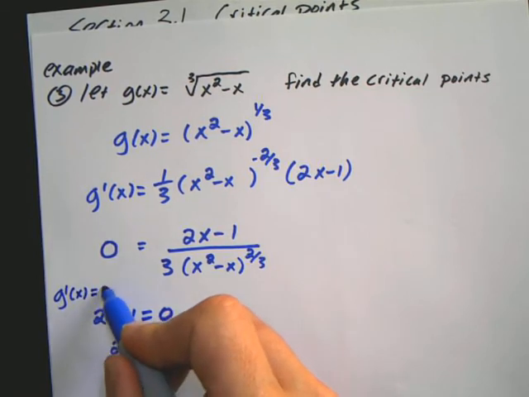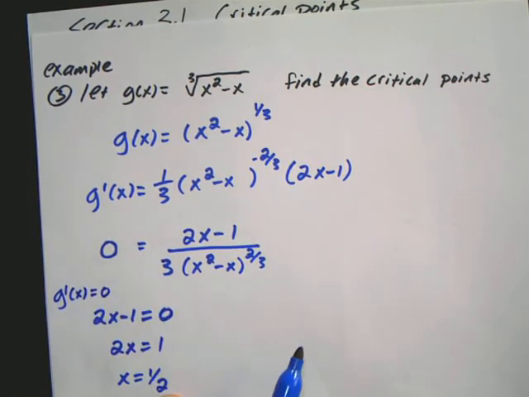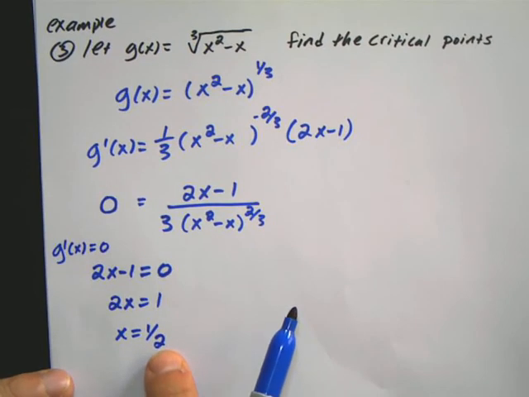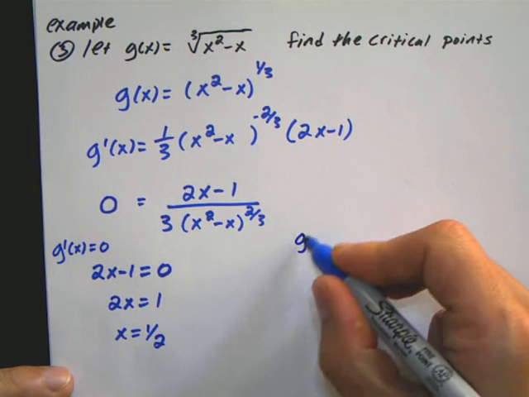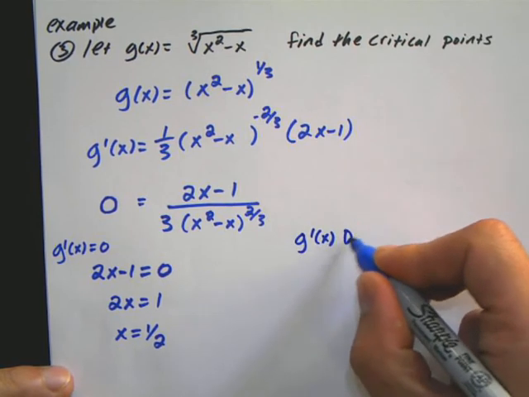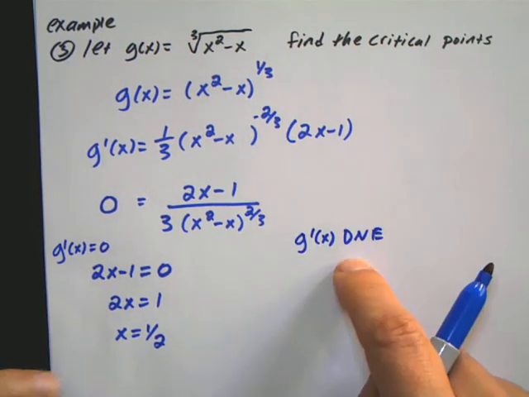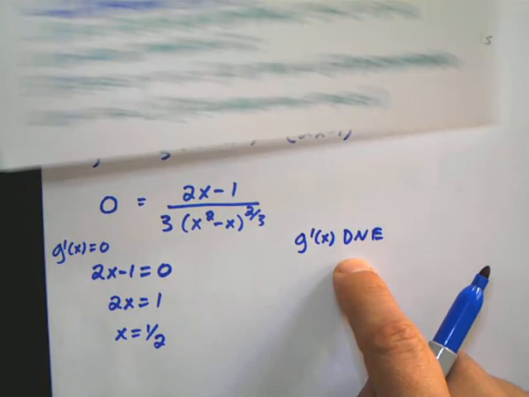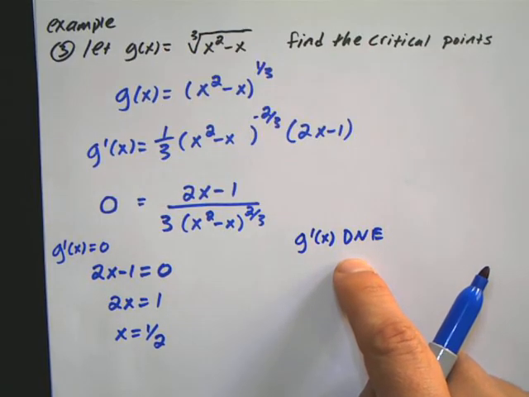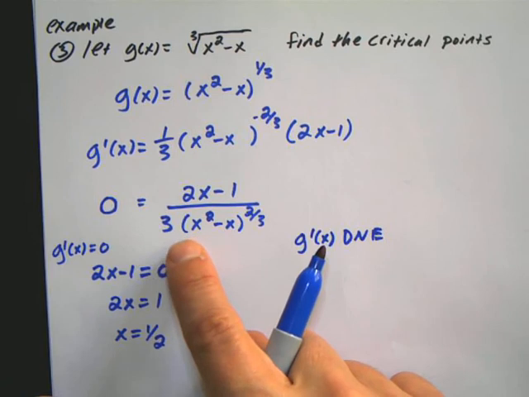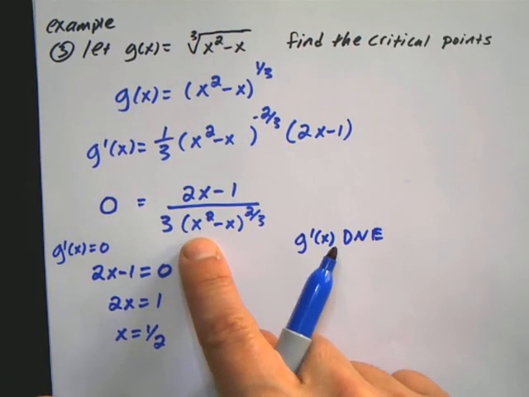I also have to consider in the denominator where the derivative doesn't exist. Because if the derivative doesn't exist, that's the second half of the critical point definition. So if I ever get the denominator to equal 0, that's where the derivative would not be defined. So I'm going to solve the denominator also set equal to 0.